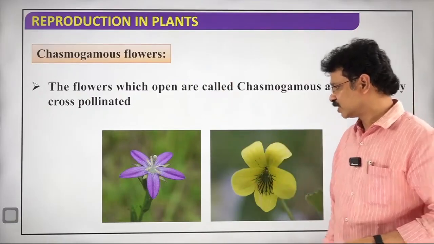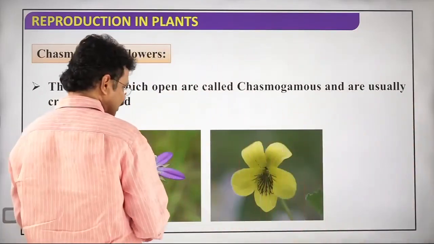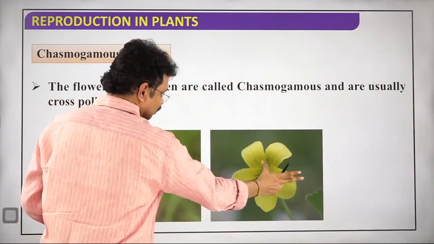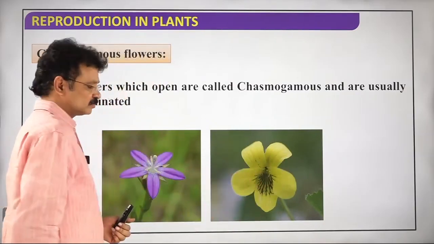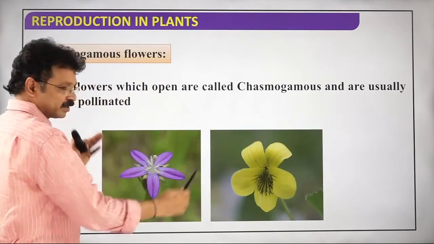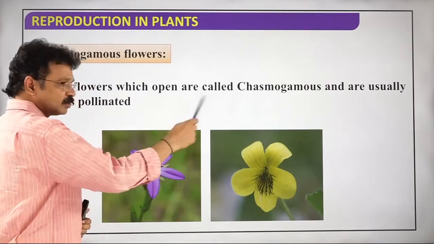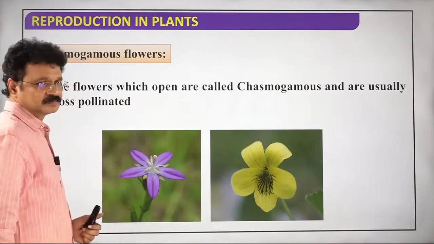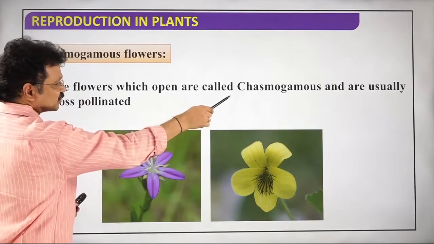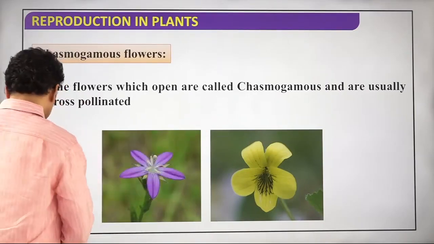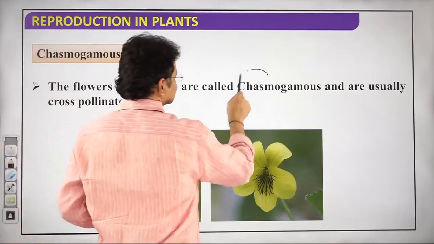To receive pollen from another flower and to send their pollen to another flower, the flower should be open at maturity. Observe these images here. Petals are completely opened out to facilitate entry or exit of pollen. Here also the petals are completely open to facilitate exit of pollen or entry of foreign pollen. These kinds of flowers are very common in flowering plants. The technical name of such open flowers is chasmogamous.